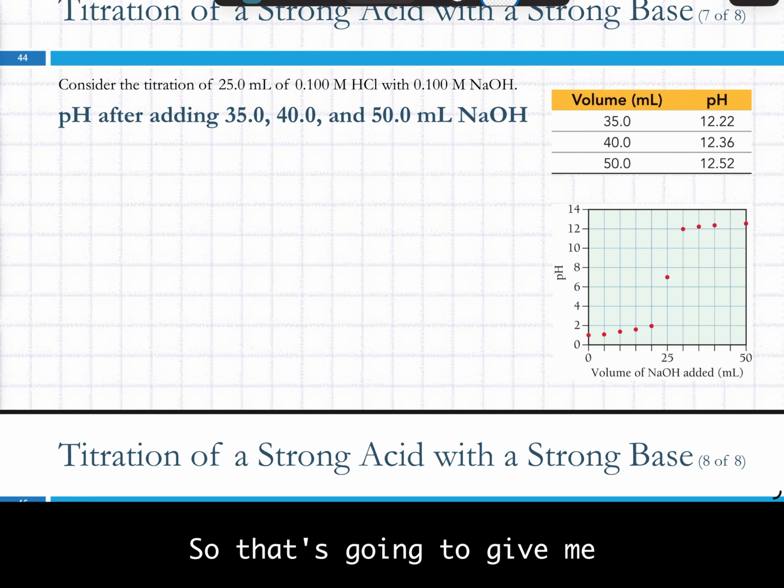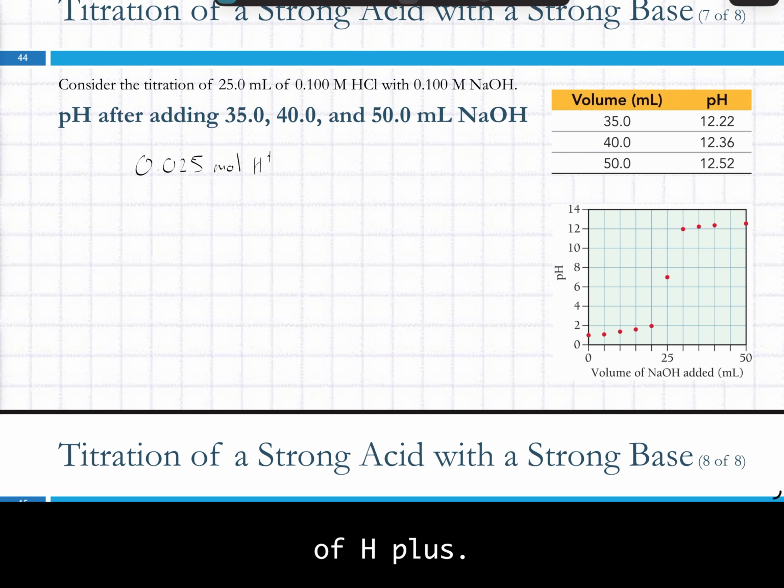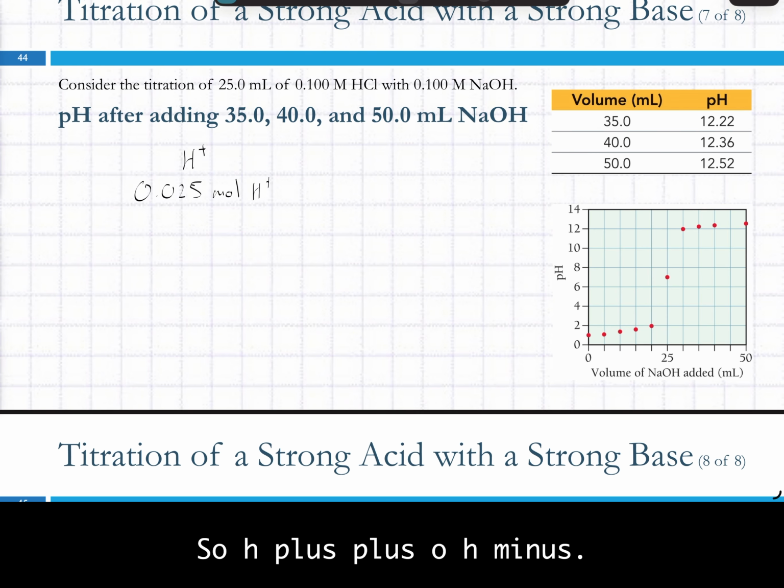I got to change that eraser size. See, this is 0.025 moles of H plus. So H plus plus OH minus neutralizes, it makes water.